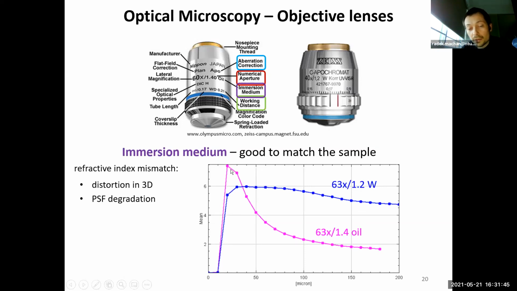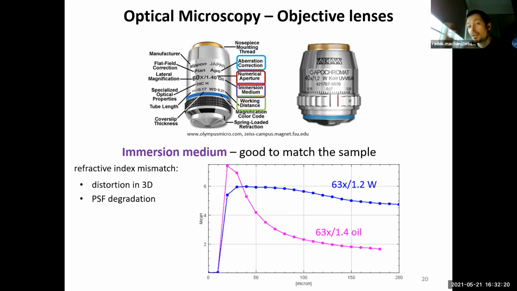And then very close to the cover slip, the oil objective has an advantage because it has higher numerical aperture. But when I'm going deeper, the water immersion objective performs much better. So if you are, for example, looking at cell monolayers, adherent cells, so you are within 10 micrometers from the sample, the oil objective might be a better choice.